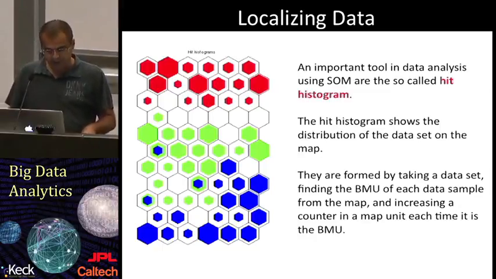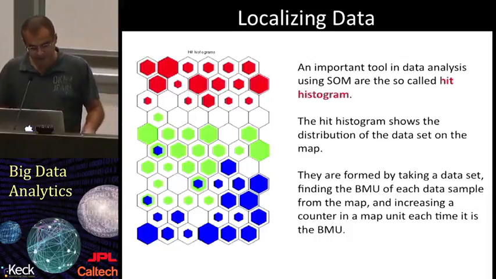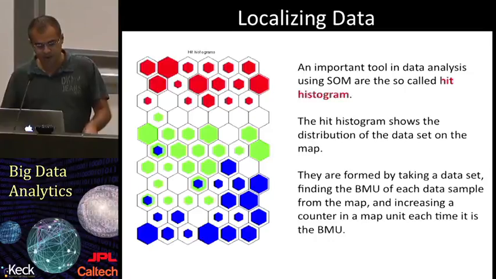They are formed by taking a data set, finding the best matching unit of each data sample, and increasing a counter in a map unit each time that unit is the best matching unit of one of the input samples. It's also a very useful and easy way to visualize how our gold standard spreads on the map, for example, using colors to encode the classes.